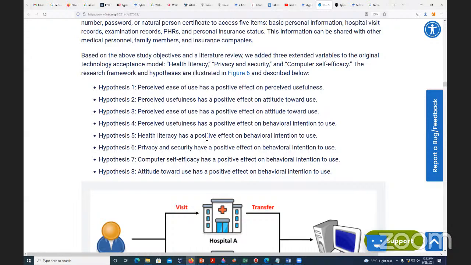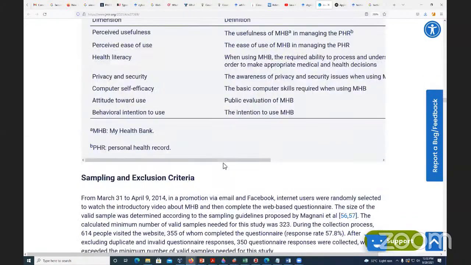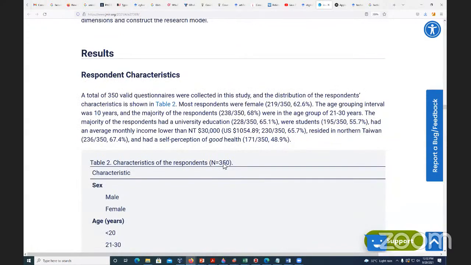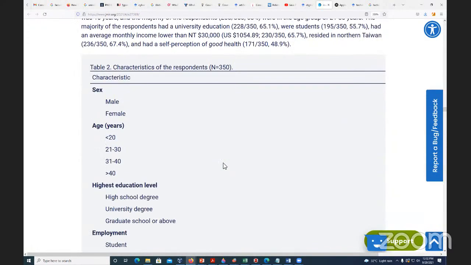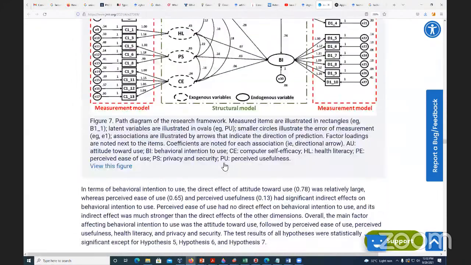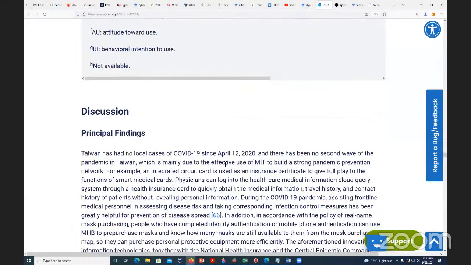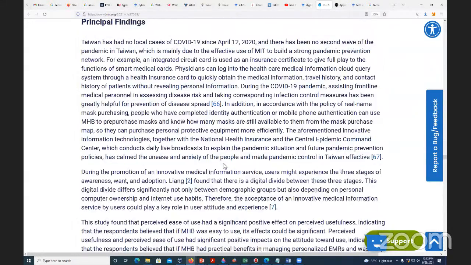That's basically what they tell us at the end. This is all the stuff about the whole project, the fancy structural equation modeling, and then they discussed it.